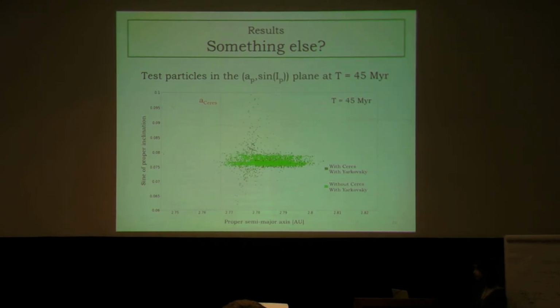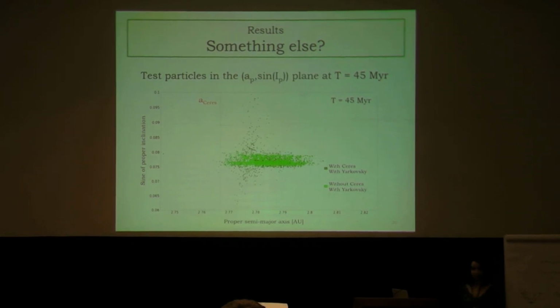As you can see, while the light dots remain clearly compact, the dark dots are immediately jumping in inclination, meaning that Cirrus could be the main perturber of the Hoffmeister family in inclination.